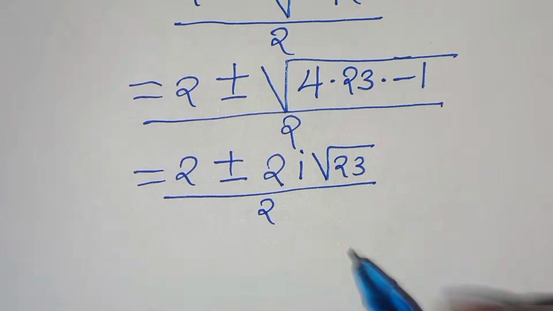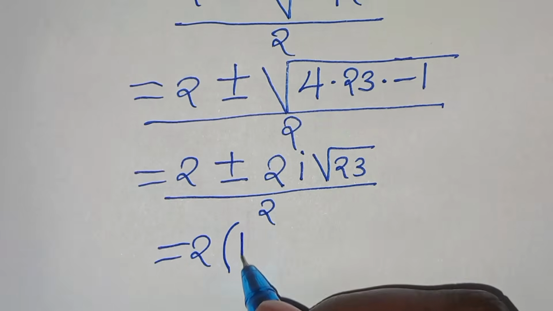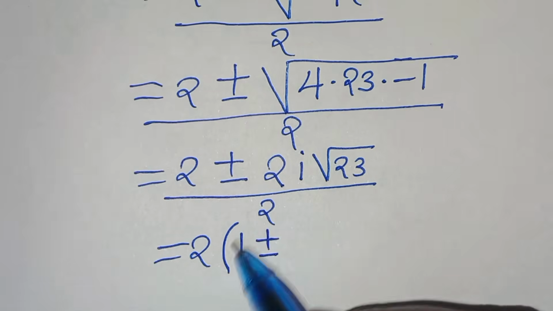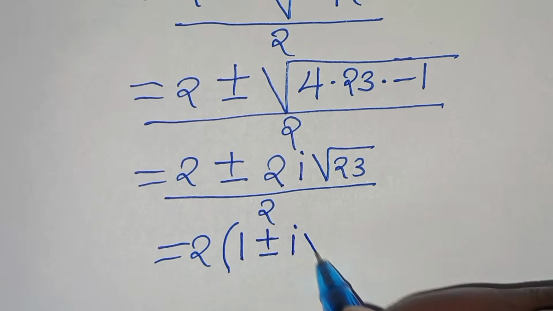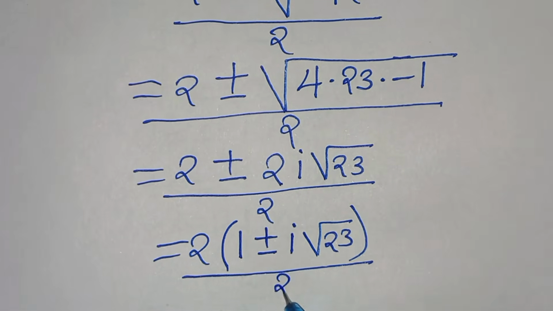Now in the numerator here, we can factor out 2, so that now 2 divided by 2, this is 1, plus or minus 2i divided by 2, this is i square root of 23, everything here divided by 2.